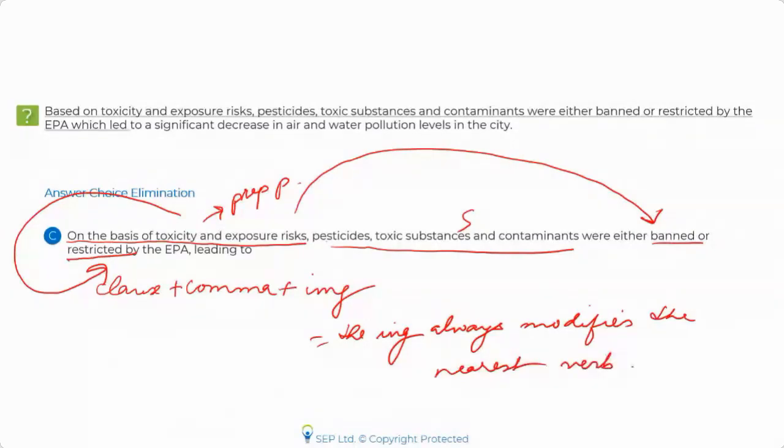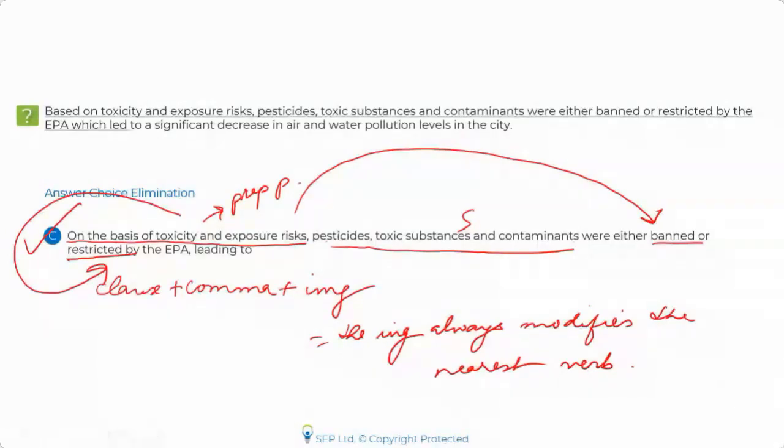So what is the nearest verb here? Banned or restricted. So the outcome of banned or restriction was increase in air pollution levels. Okay, so C is correct, guys. C is the right answer.